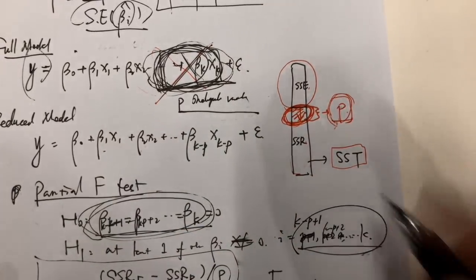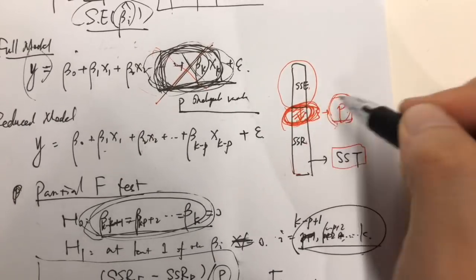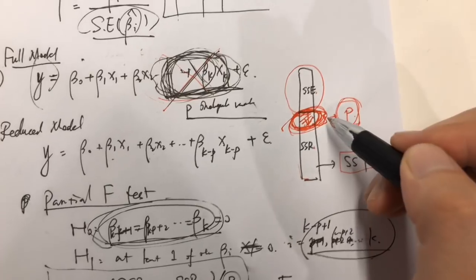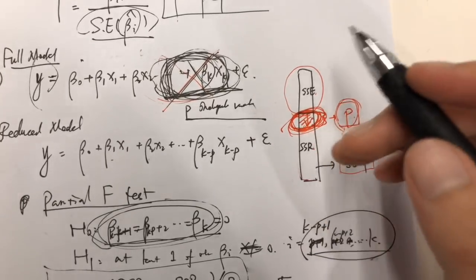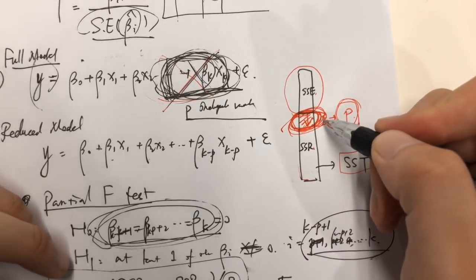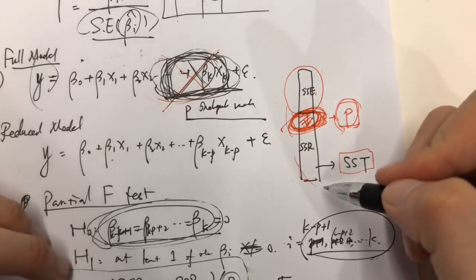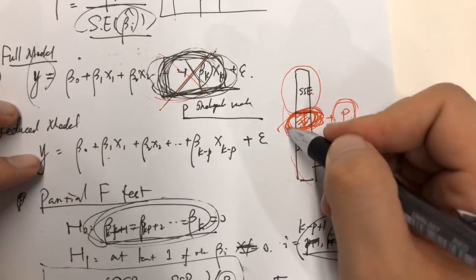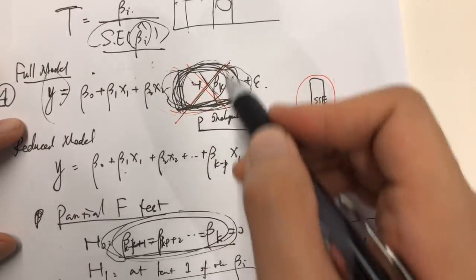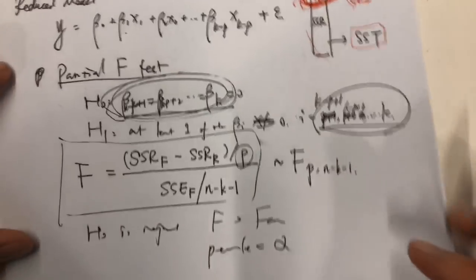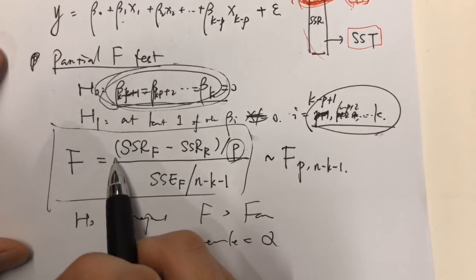If it is significantly large, then we believe those p independent variables have a very significant contribution in explaining the total variation. If it is small, then we think it's okay to remove all those independent variables. So that's how we constructed the F.